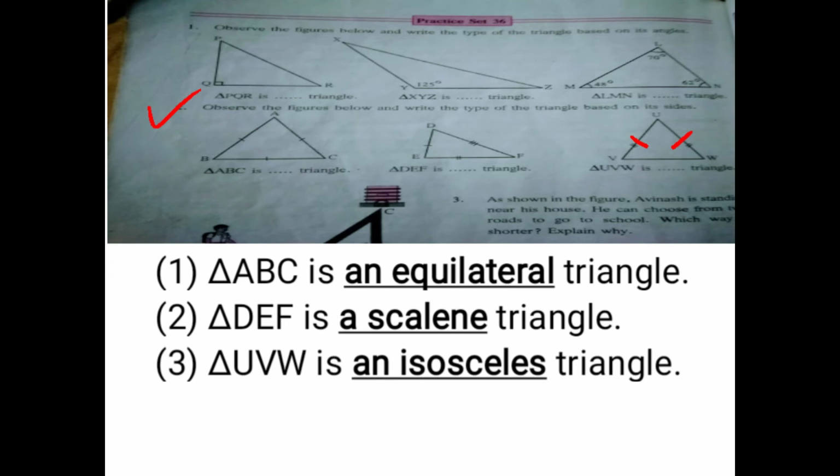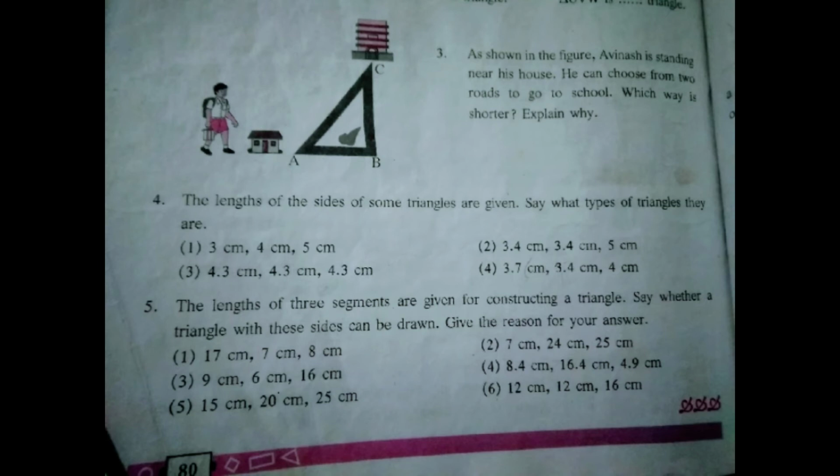Now I will do question number 3. As shown in the figure, Avinash is standing near his house. He can choose from two roads to go to school. Which way is shorter? Explain why. Avinash is a boy, he is standing near his house.